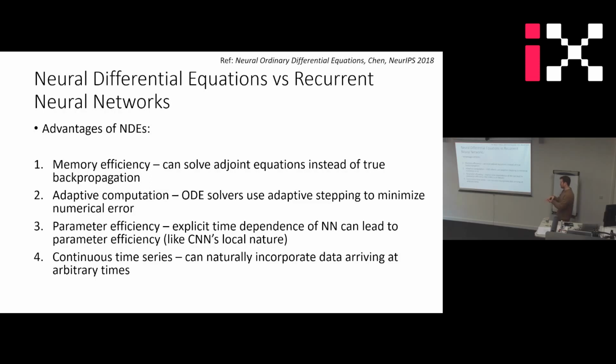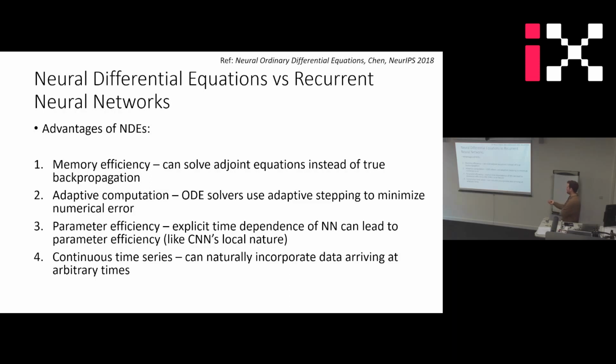You can think of the time dependence in the neural network as being local in time. You don't evaluate all time steps and shove that into a neural network. You only use the local time, so that's parameter efficient again. Similar to convolutional neural networks, you gain some parameter efficiency by doing this.